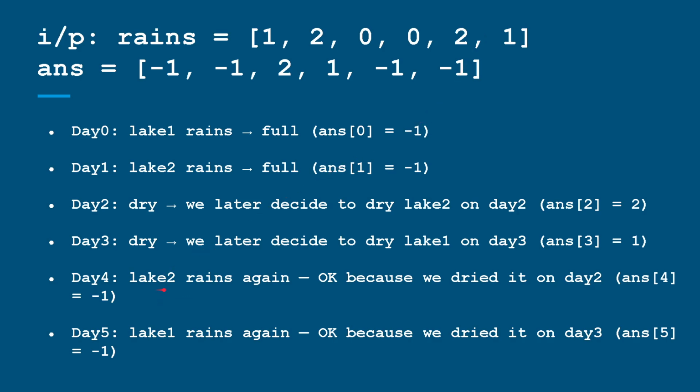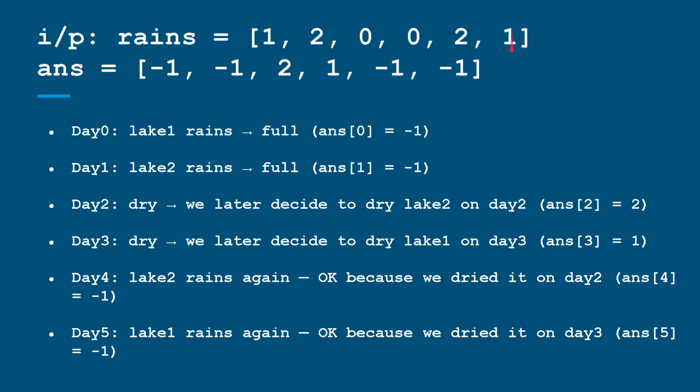Let's talk about day 4, means we are talking about this here. So lake 2 here remains having the rains, right? Lake 2 rains again here, so we'll say okay, because we dried it earlier, these are the dry days. So let's try to find the value here. Answer at this value will become -1 because it's already rains.